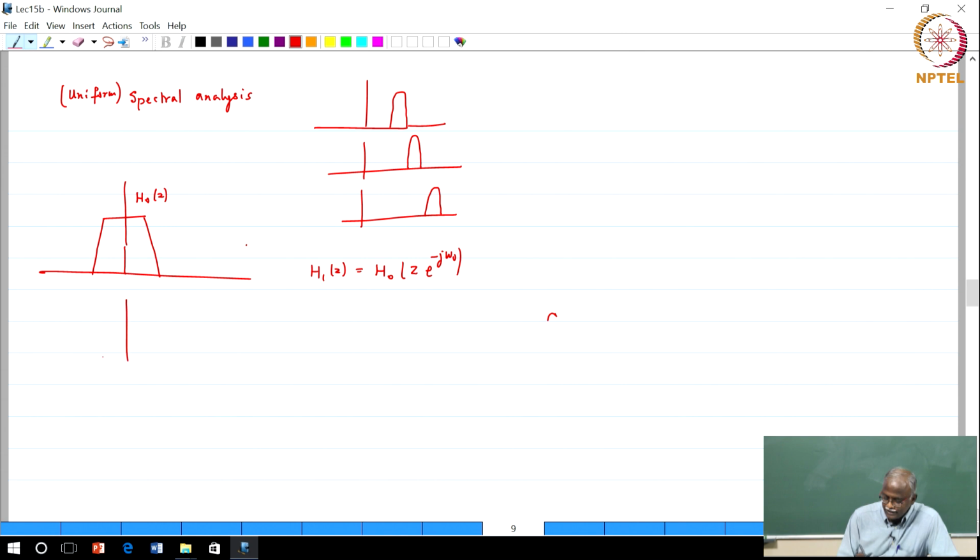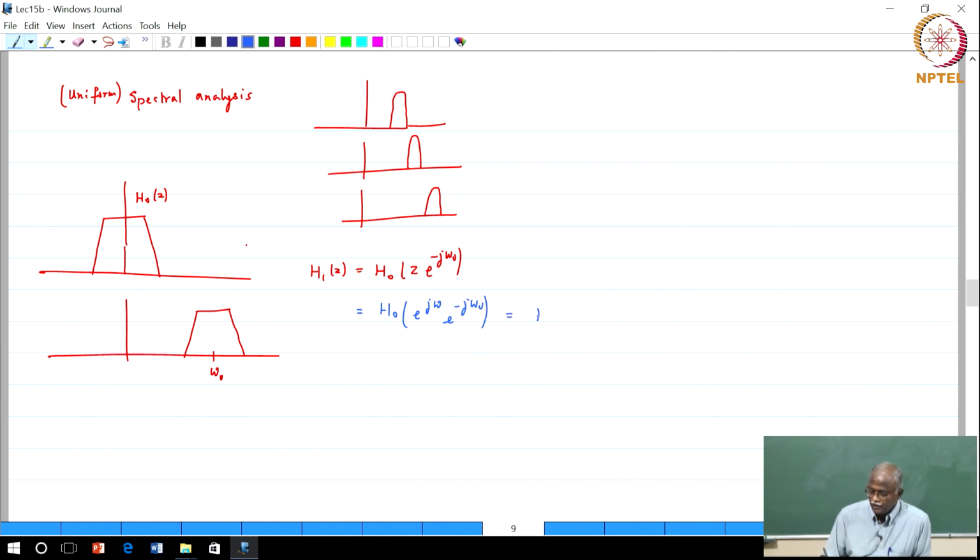Which means my second filter is going to be centered around omega naught. Okay. Now, how did I come across this? I hope it is familiar to you, because if you write Z as e power j omega, e power minus j omega naught, this is H naught e of j omega minus omega naught, which is where the center frequency lies, and of course you can shift it anywhere you want, positive or negative frequencies.